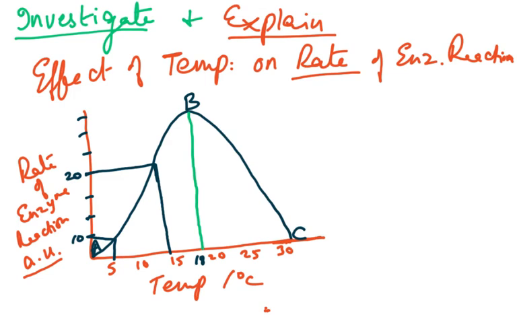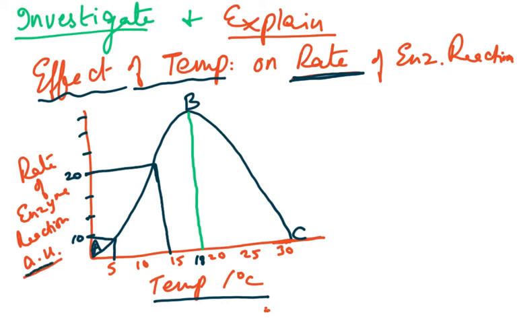Topic is investigate and explain the effect of temperature on the rate of enzyme reaction. Now I've drawn a graph, and on the x-axis we have temperature in degrees Celsius, and on the y-axis we have rate of enzyme action, in arbitrary units.